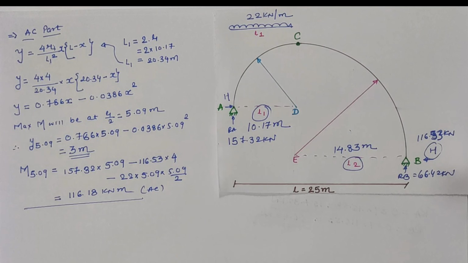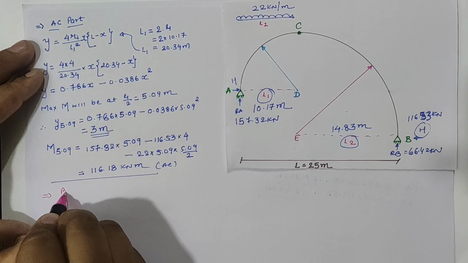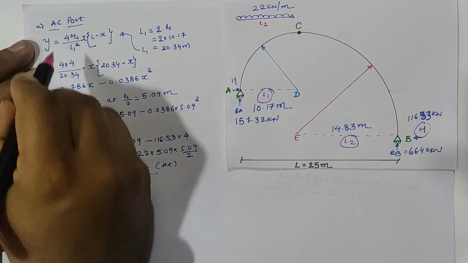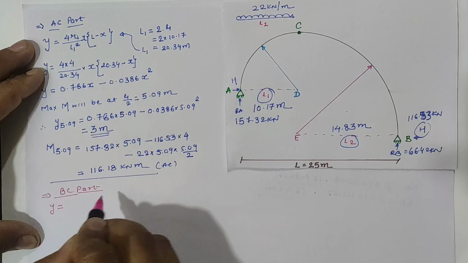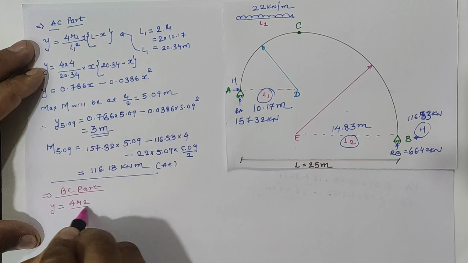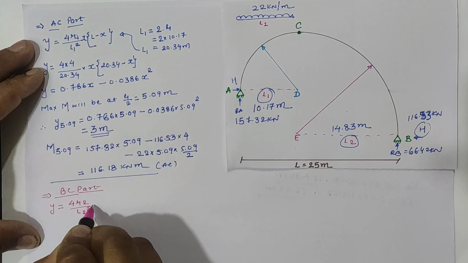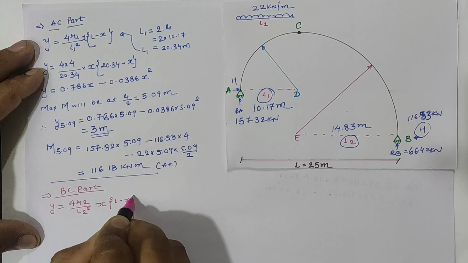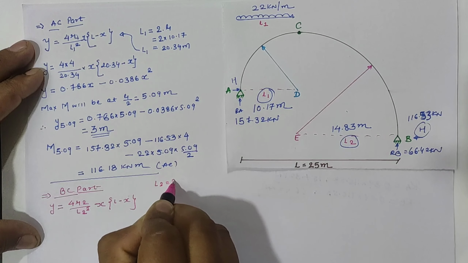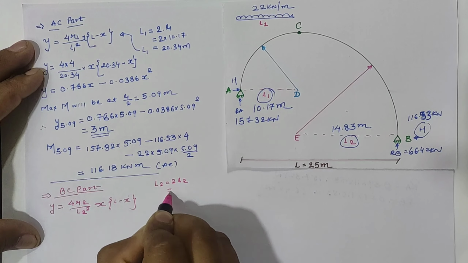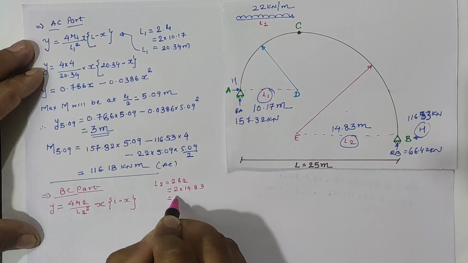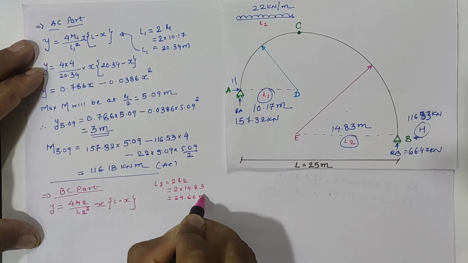Now going ahead for the maximum negative bending moment in span BC. So for the BC part, similarly to the above equation, y is equal to 4r2 by capital L2 square into x into L minus x, where capital L2 is 2 times small l2, which is equal to 2 times 14.83 as 29.66 meter.